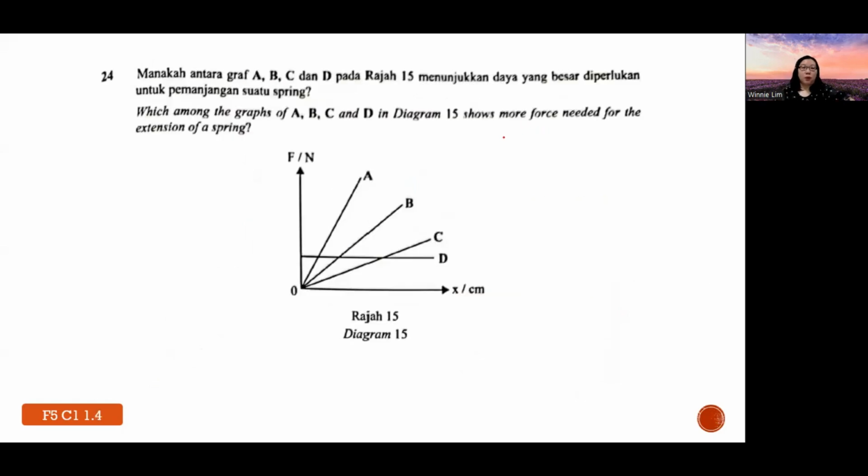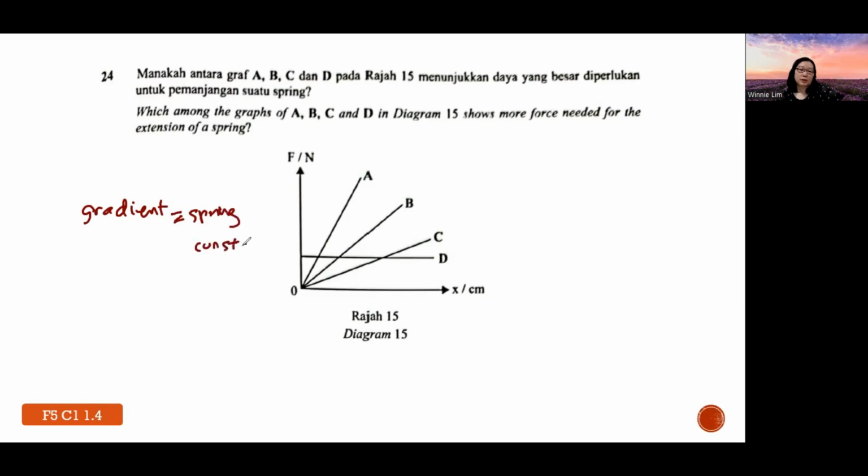Number 24, which among the graphs of A, B, C, and D in diagram 15 shows more force needed for the extension of the spring? Okay, for these questions, you need to know this force versus extension graph. The gradient actually represents the spring constant.